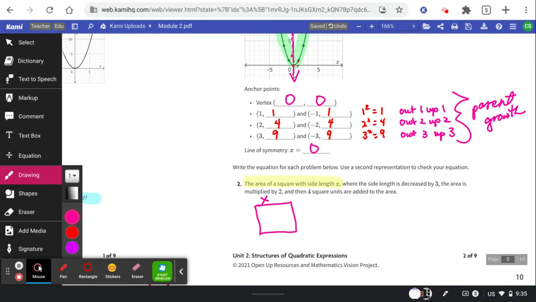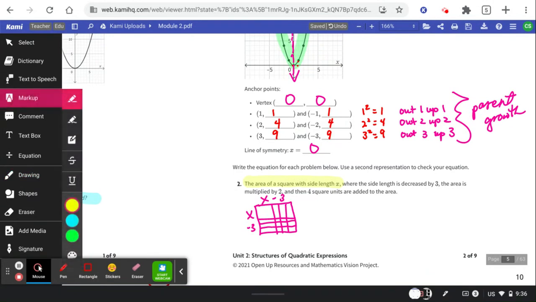So here I've got my x by x square, but it said that the side length is decreased by 3. So we're going to cut into the square 1, 2, 3. What that means is we're subtracting 3 from that edge, but this is a square, so the same thing has to happen on this side. Cut in 1, 2, 3. So we're subtracting 3 from this edge as well. There's my square decreased by 3. So I'm going to highlight this.